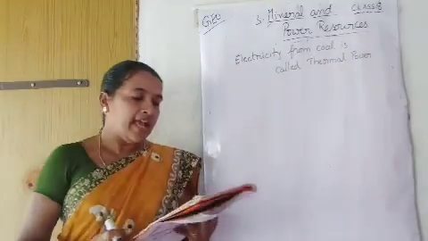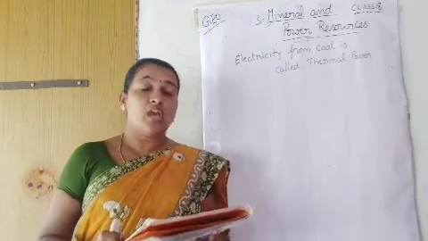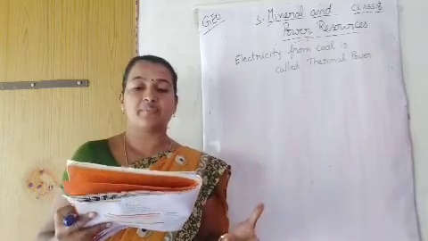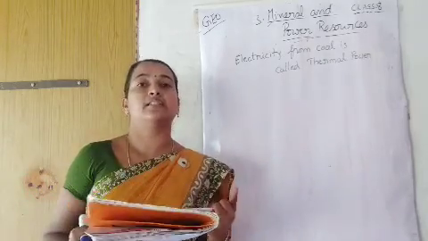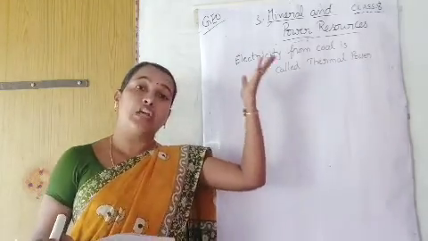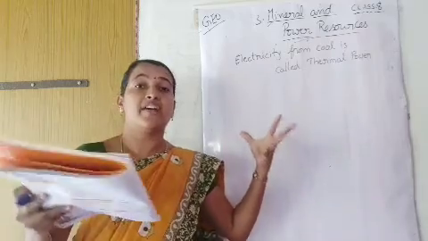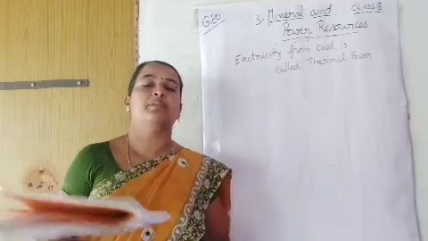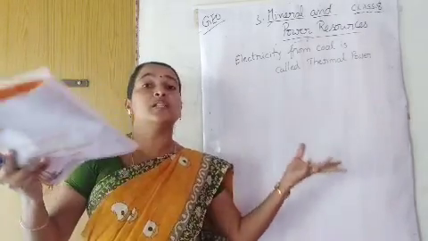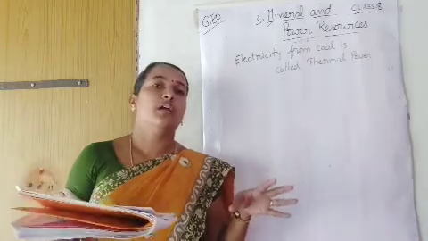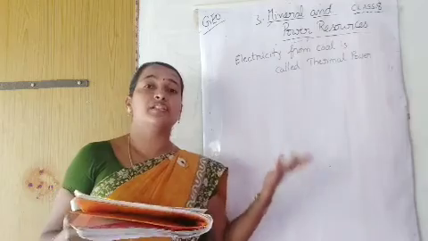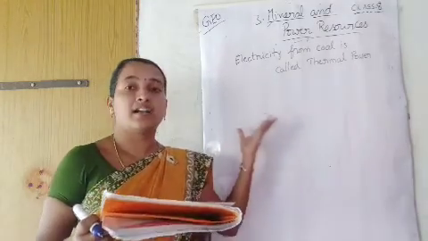The coal which we are using today was formed millions of years ago when giant ferns and swamps got buried under the layers of earth. Not only one or two, but in huge quantities, when disasters occurred.